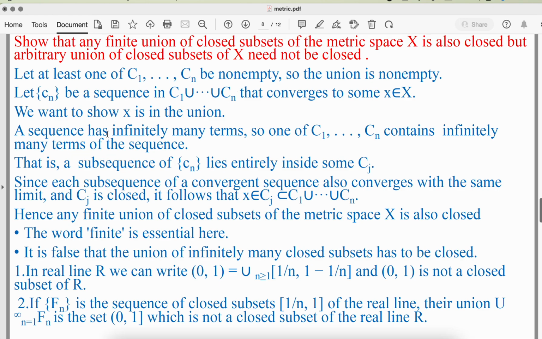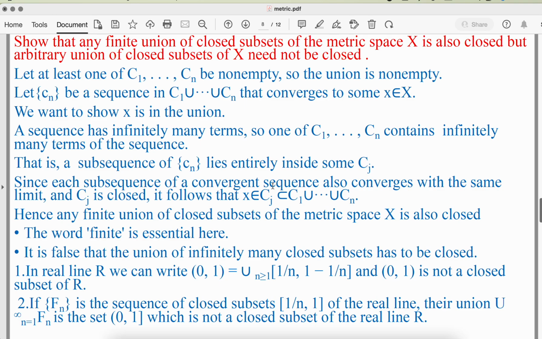We know that a sequence has infinitely many terms. So one of these C1, C2, ..., Cn contains infinitely many terms of the sequence. It means a subsequence of (xn) lies entirely inside Cj. Since each subsequence of a convergent sequence also converges with the same limit, and we are given that Cj is closed, it means x belongs to Cj.